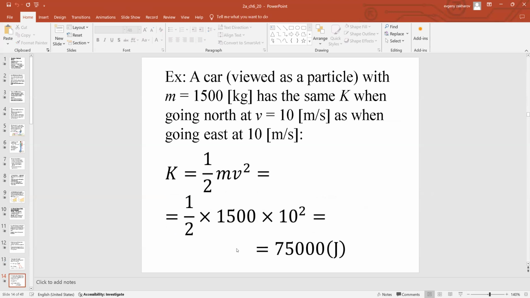See how direction doesn't matter. For energy, you're only concerned with magnitudes, the scalars, not the direction, which makes problem solving much easier, and you don't have to worry about many different vectors.